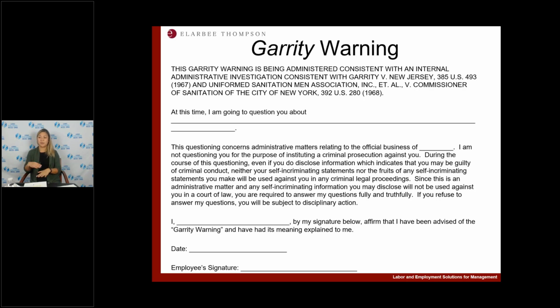You'll want to explore that, but it's only if criminal activity is implicated. So if it's something civil, if you're talking Title VII, sexual harassment, unless someone is claiming that an actual assault happened, as opposed to comments or something like that, then Garrity does not apply. Garrity would not be relevant in that case.